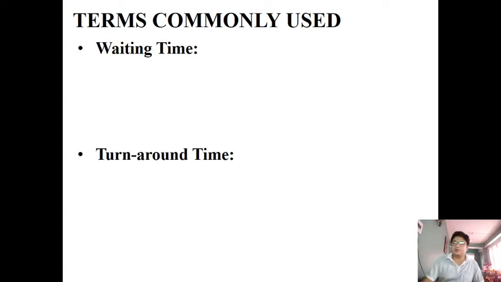Before I talk about the various CPU scheduling algorithms, I would like to give some terminology which you should be aware of and friendly with. We have to understand the meaning of waiting time and the meaning of turnaround time. Suppose at time TI a process has reached the system.